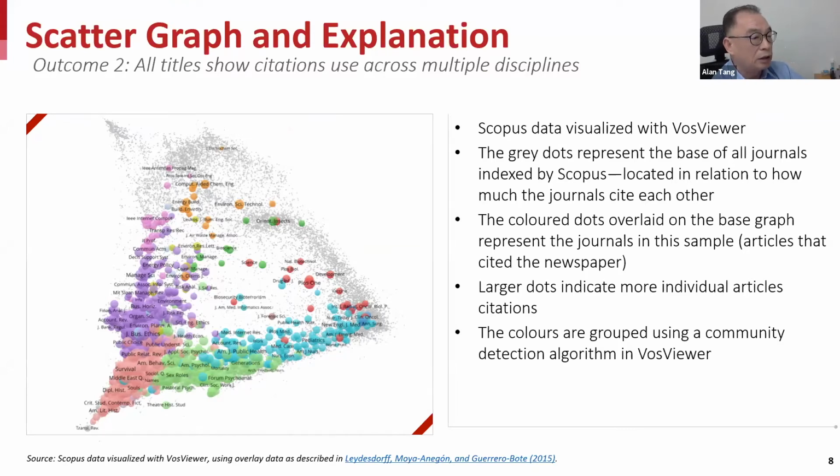The lower layer is the gray dots, representing the base of all journals indexed by Scopus, located in relation to how much the journals cite each other. Then you can see different colored dots. Each colored dot represents a different discipline, and a larger dot indicates more individual articles being cited. Okay.